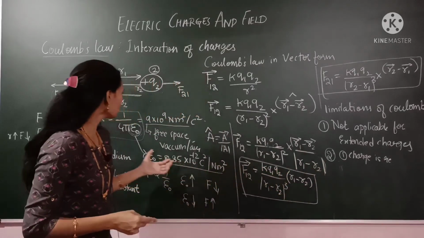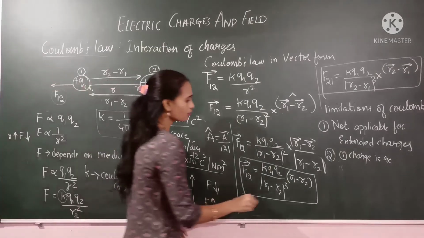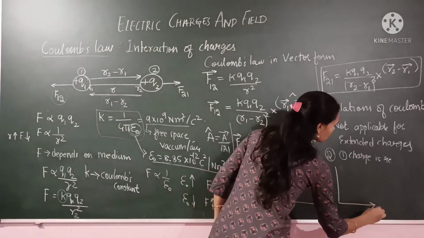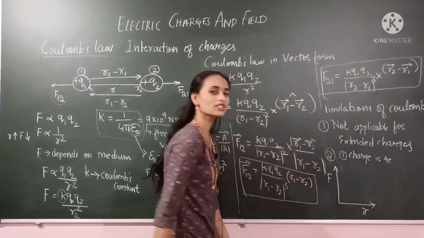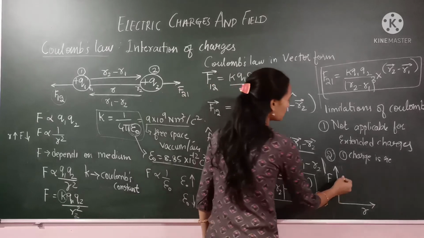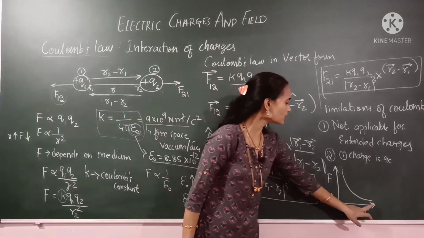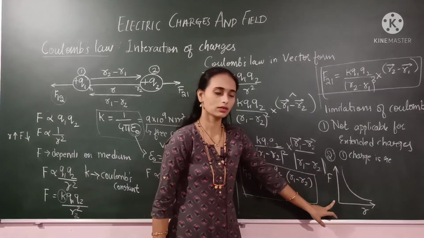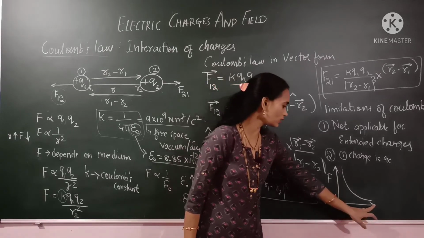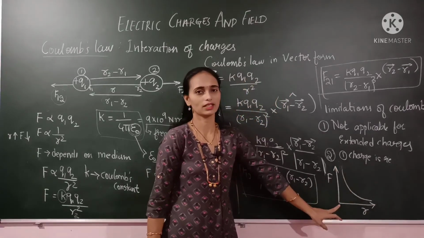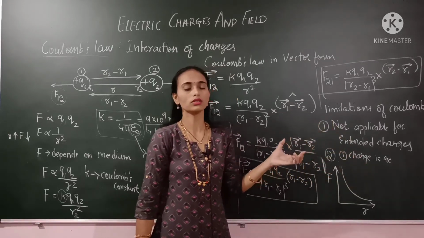One point we are missing here: one graph. Here is distance, and this is the force. When we take the force versus distance graph, we get a graph like this. By this graph we can understand that as distance increases, force decreases. It means when you make the distance double, the force decreases 4 times.